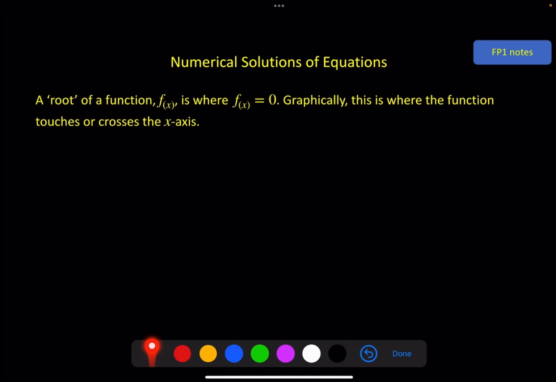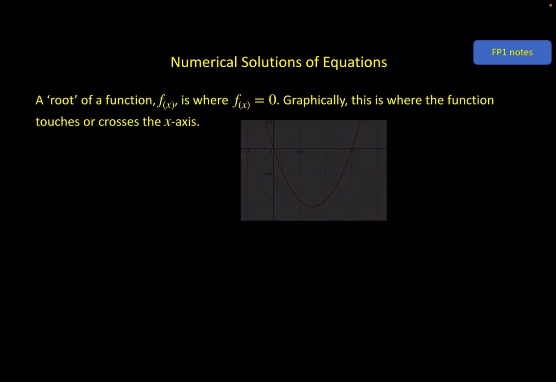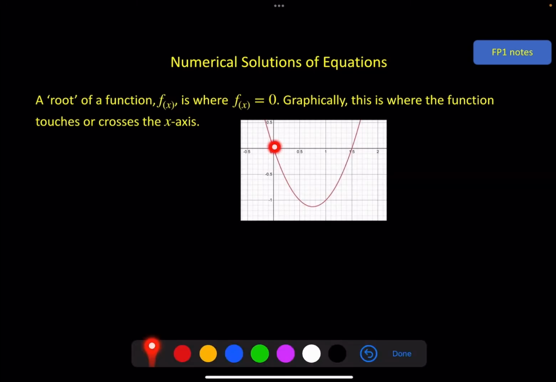So you know already a root of a function f of x is where f of x is equal to 0. And graphically, as I said on the starter, this is where it crosses the x-axis.